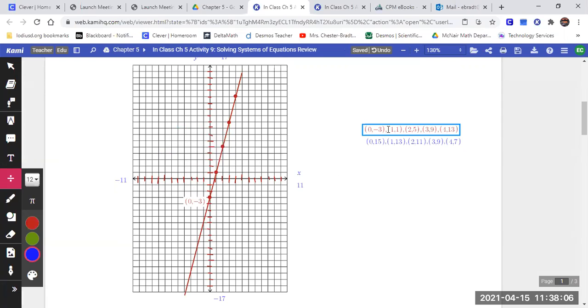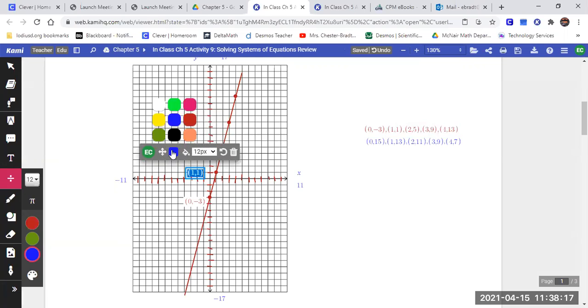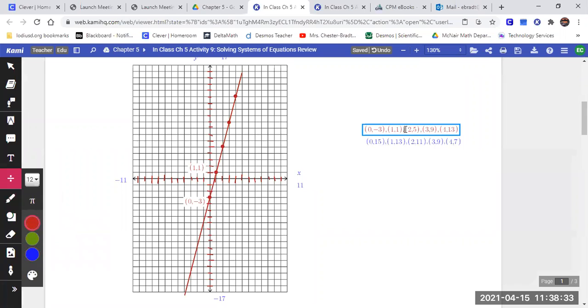Okay, next one. I have to label my spot that was 1, 1. It doesn't have to be perfectly next to it. It just has to be near it so people could understand what it is. Okay, I'm going to do my next one. 2, 5. I'm just copying and pasting. Nothing special.